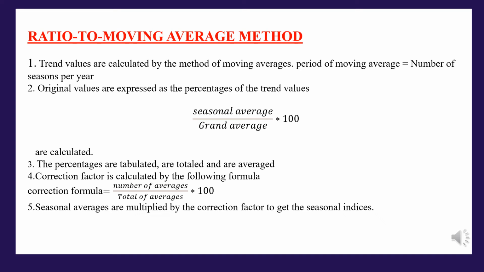The percentages are tabulated, totaled, and averaged. Correction factor is calculated by remembering the following formula: correction factor equal to number of seasons divided by total of the averages into 100. Seasonal averages are multiplied by the correction factor to get the seasonal indices.